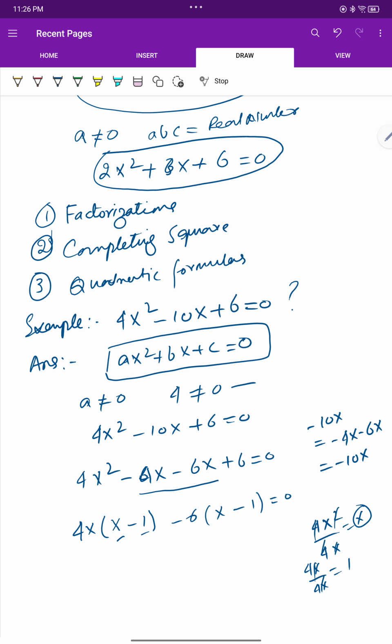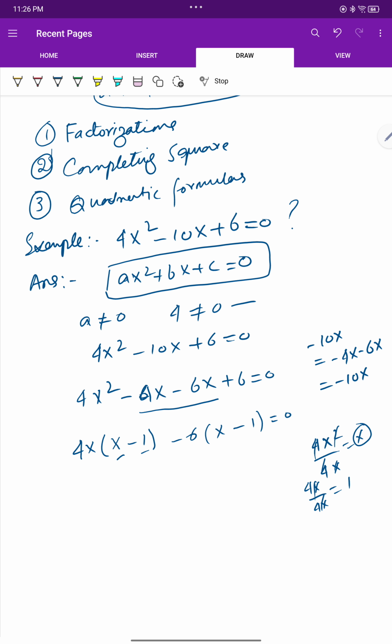This is how you do it. So what we do in factorization, when we get a common factor, we take it out, in algebra and in mathematics. So 4x minus 6 into x minus 1.